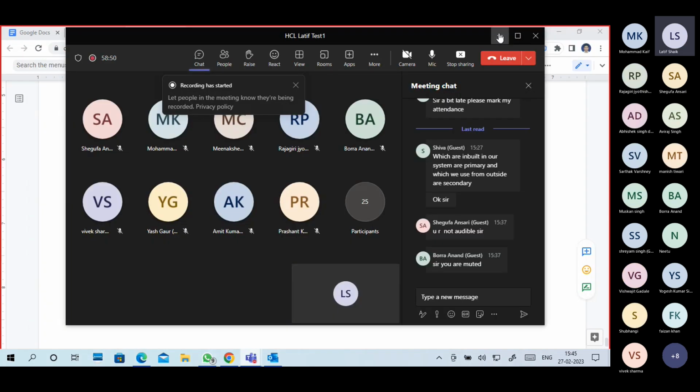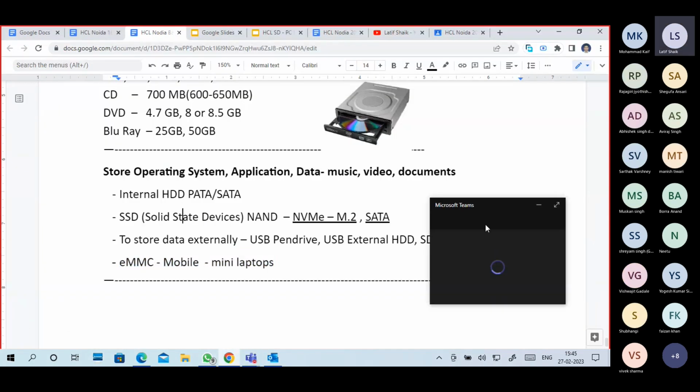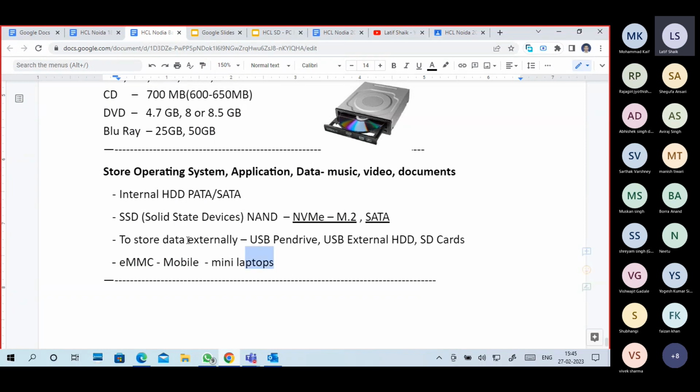Okay, so now the other types of storage which we are using, that we have to discuss. To store your operating system, applications, or data like music files, video files, and documents, we are storing them nowadays in the internal hard disk. Nowadays we are using SATA type hard disks.